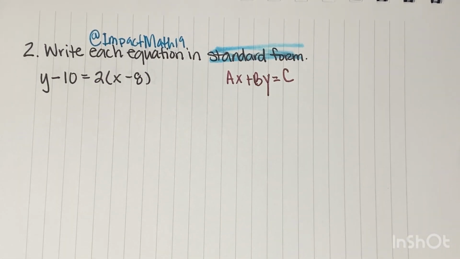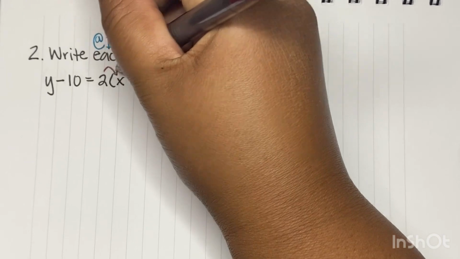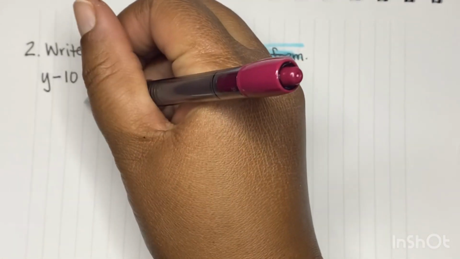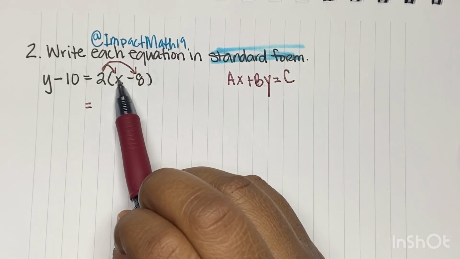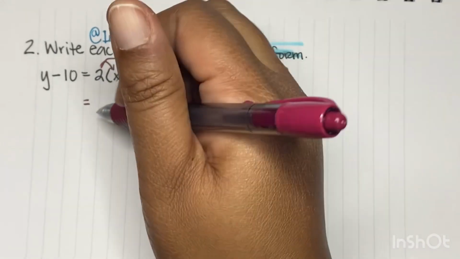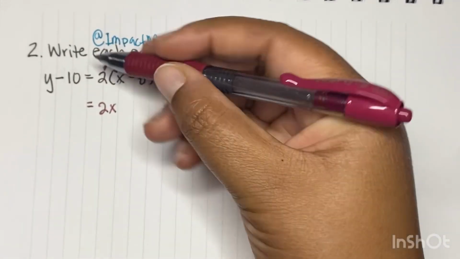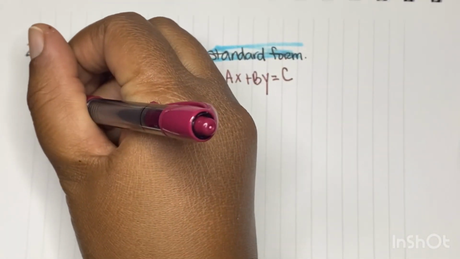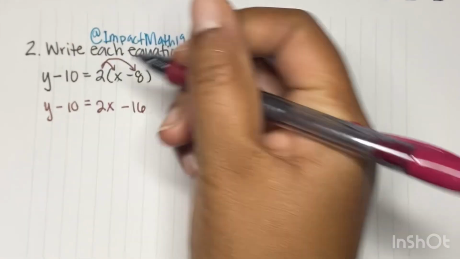So let's first start off by distributing, which means we're just going to multiply. So 2 times x, remember, when anybody asks you a number times a letter, you just put them together. 2x. And then 2 times negative 8 is negative 16, and we have y minus 10.